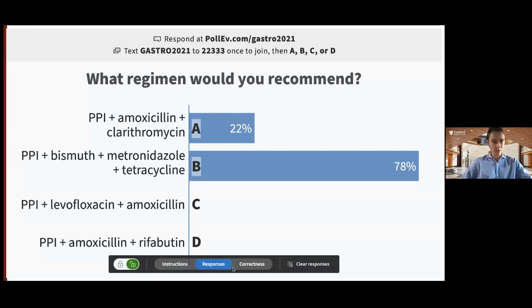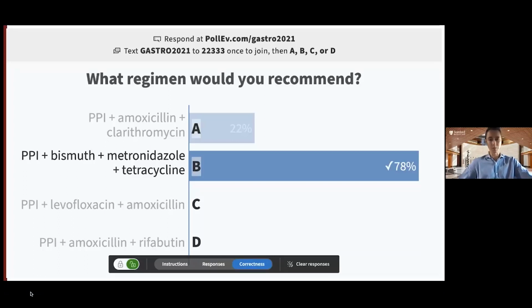Okay, so most of us are opting for quadruple therapy, and a few of the respondents are opting for triple therapy with amoxicillin and clarithromycin. The appropriate response is B, which is quadruple therapy.